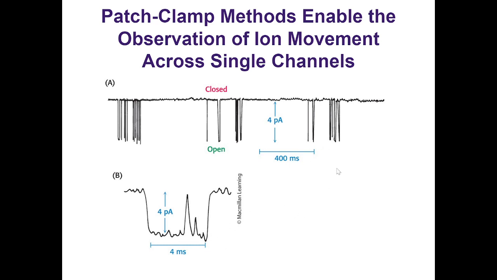Okay? By the way, 10 to anything changed in amps would be huge. Okay? Like, yeah, that'd be a lot. This is 4 microseconds, or milliseconds here, excuse me. This one would be the 400 milliseconds that you'd see.